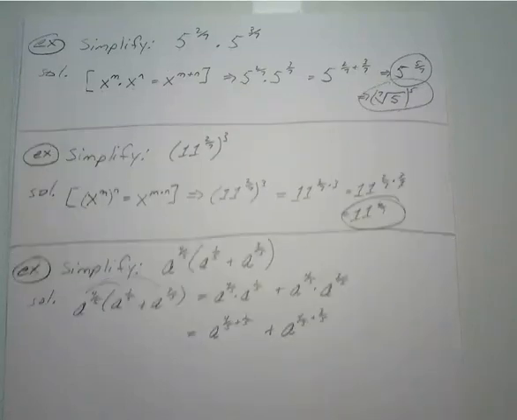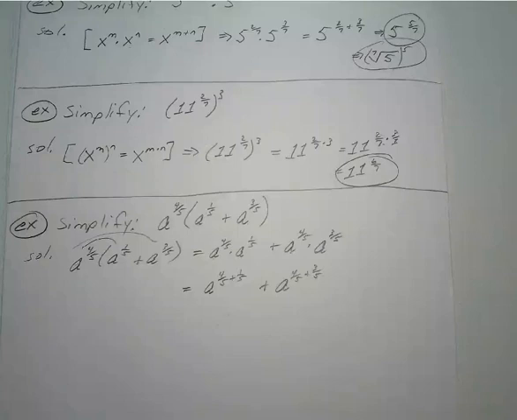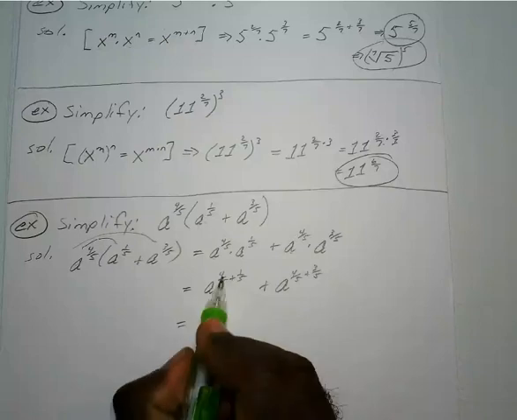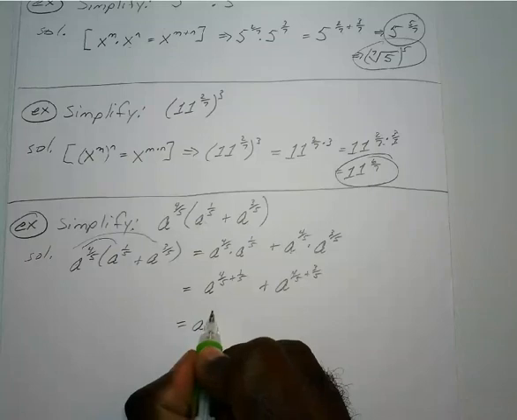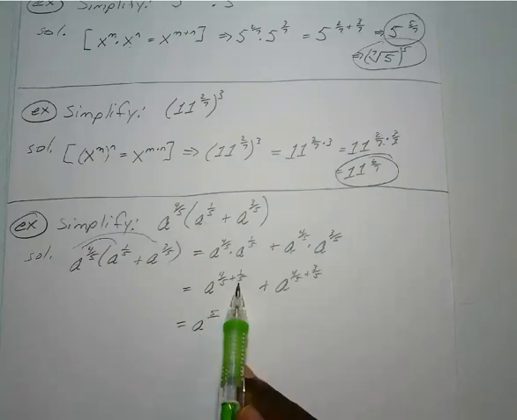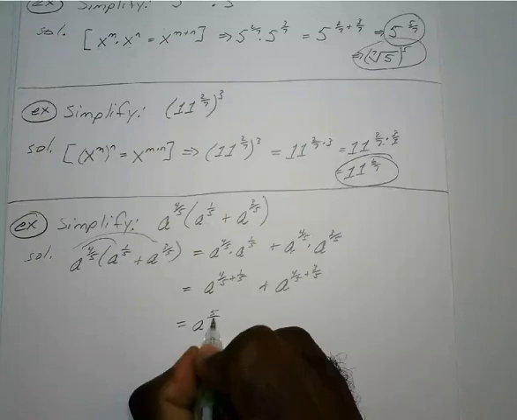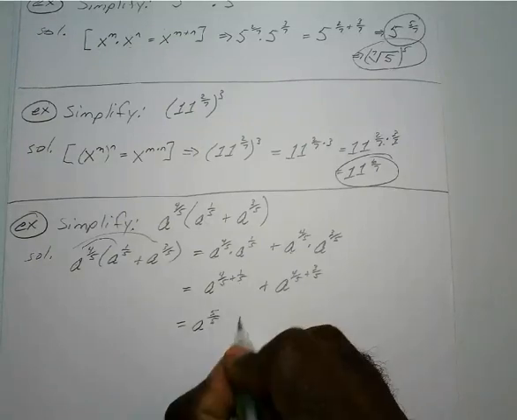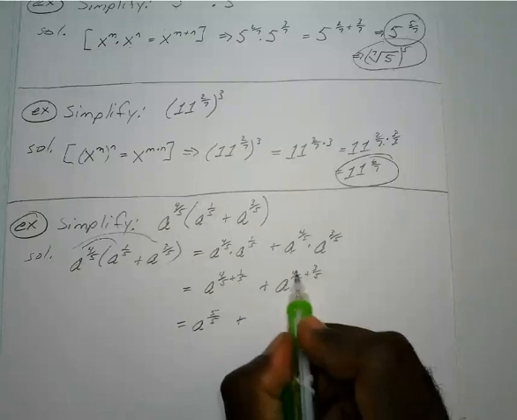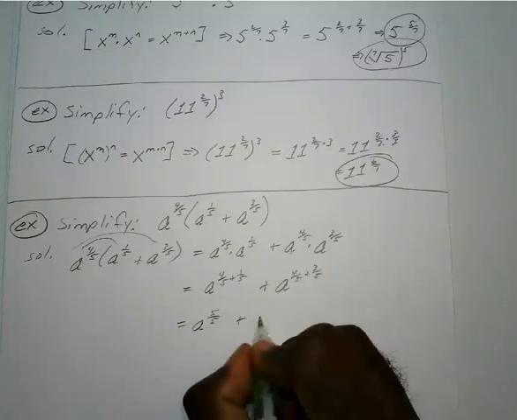Okay, so now we just add our fractions here. So you have a to the 4 plus 1 is 5, sorry about that. And since the denominator matches at both 5, our answer is going to be over 5. Plus a to the 4/5 plus 3/5, so that's a to the 4 plus 3 is 7, so that's 7 over 5.